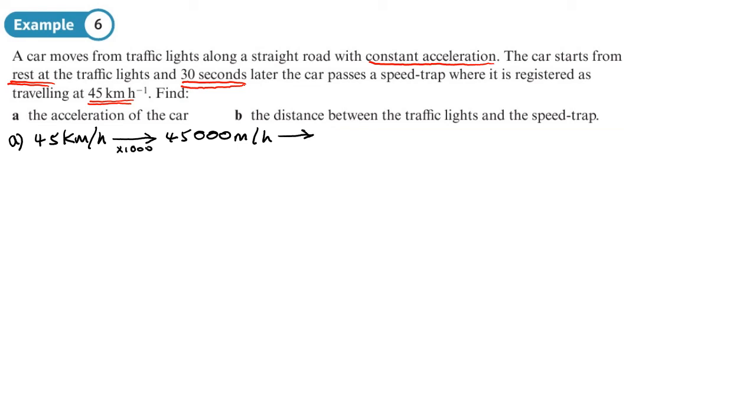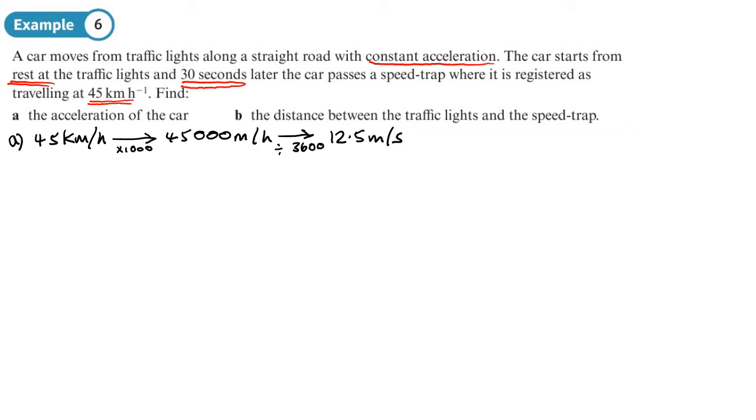So I want to work out how many meters that is per second. So I need to divide by 3,600. That's how many seconds that are in an hour, 60 times 60. So actually not times by 3,600. Divide by 3,600, and that'll give me 12.5 meters per second.